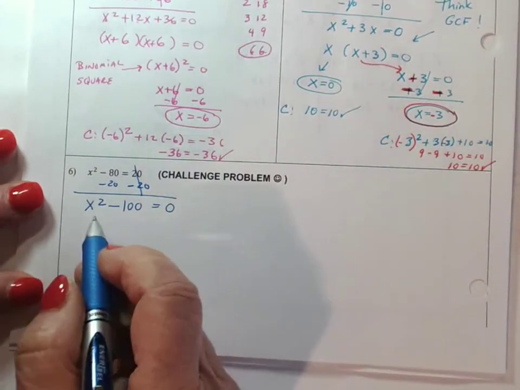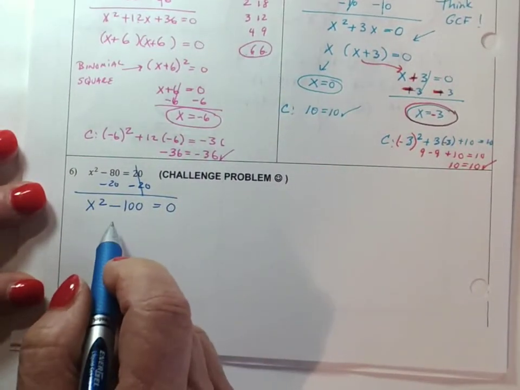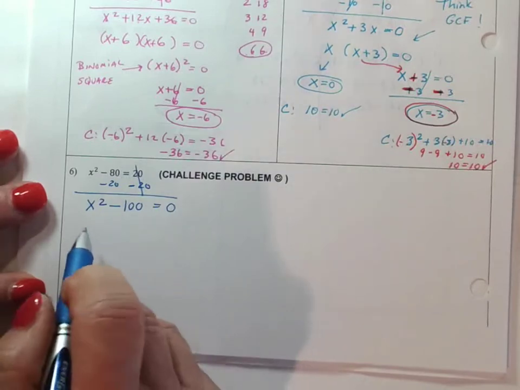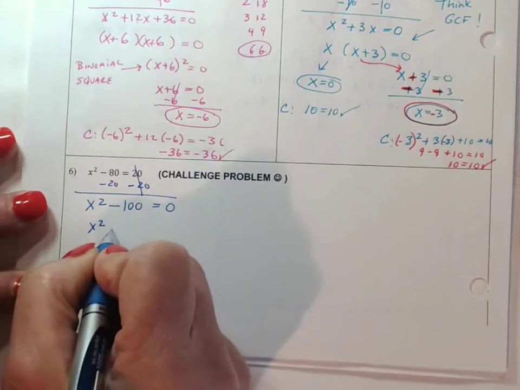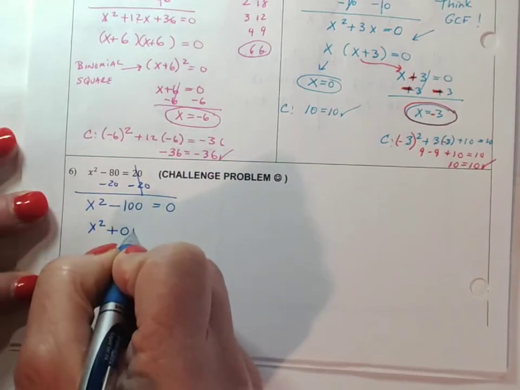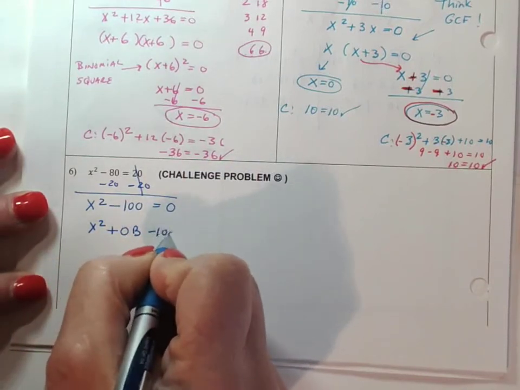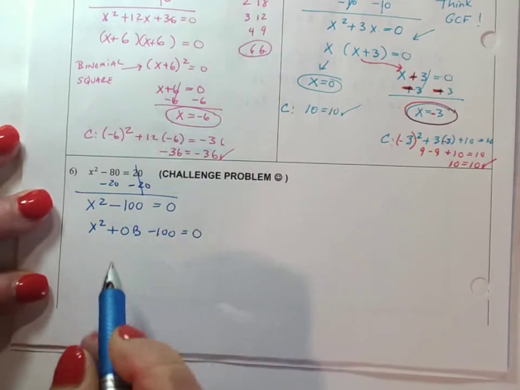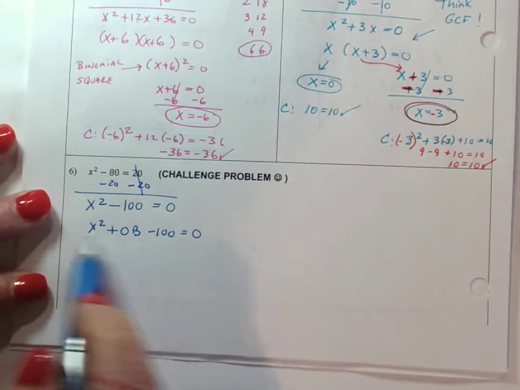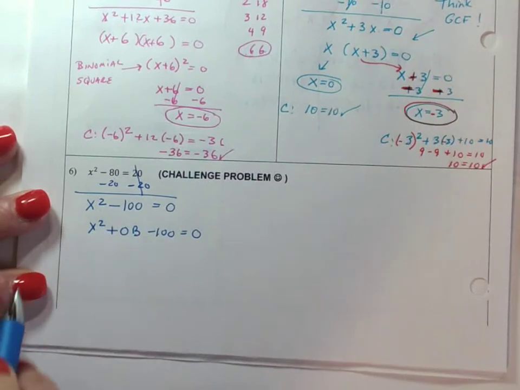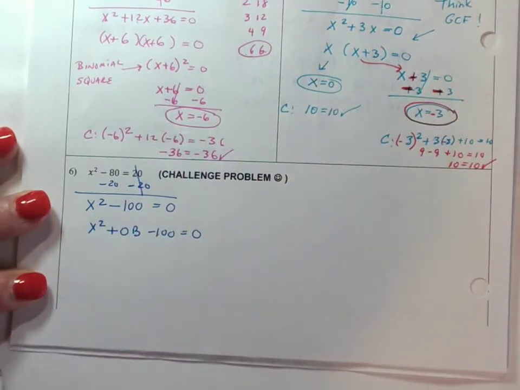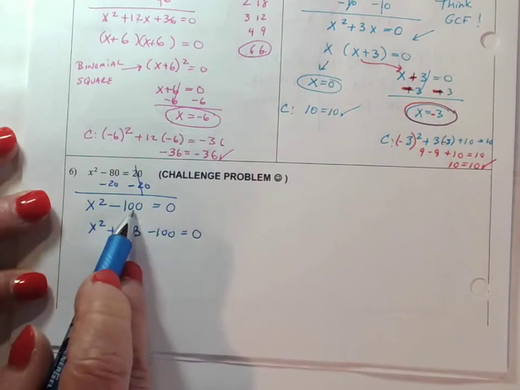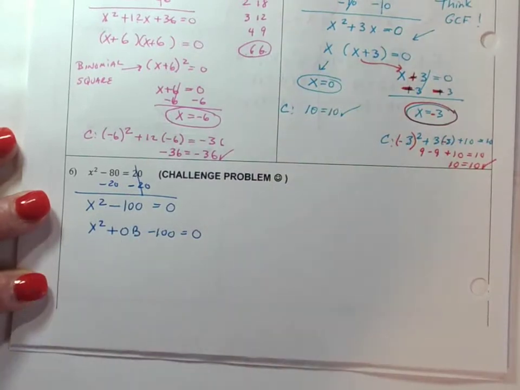Now, we're missing the b term. So for your notes, let's try putting that in. x squared plus 0x minus 100 equals 0. Right? So when you get used to doing these, this is called the difference of two squares. Same first term, same last term, negative in the middle.